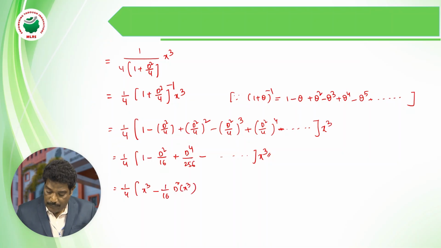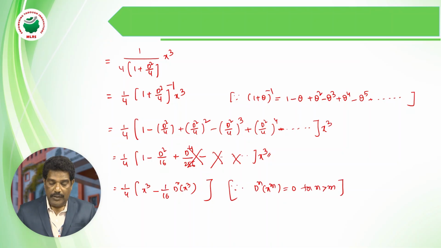And here 4 times the derivative of x cube. Already we know the derivatives become 0; 5 times, 6 times, all the derivatives become 0. Why? Since D power n of x power m becomes 0 for n greater than m. So all the terms will be deleted.